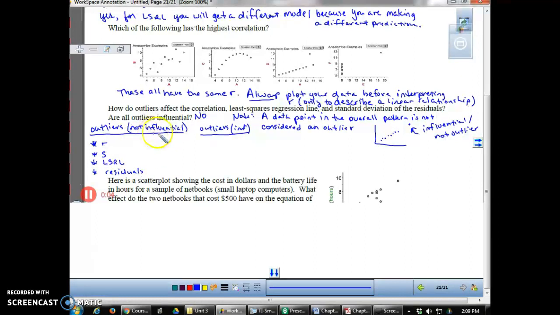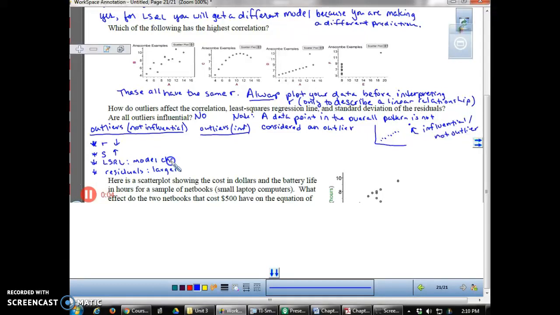If you have an outlier that is not influential, it means it doesn't fit with the overall pattern of the data. However, it's not having a huge impact on the model, maybe because of where it is on the scatter plot. But R will always go down, at least some. S will always go up because you will have larger residuals. And the least squares regression line will change some; you just don't know until you actually run the regression.